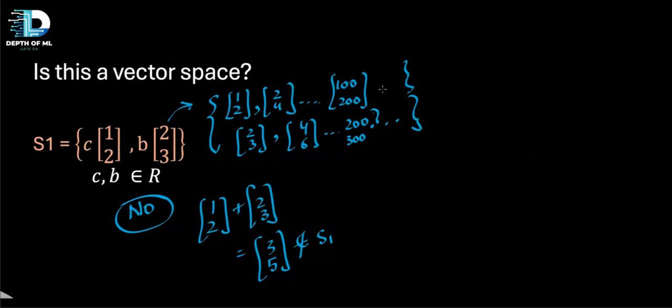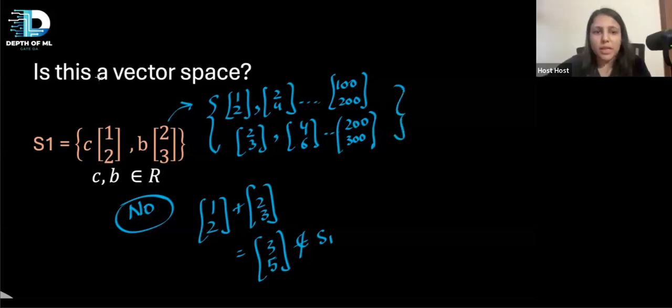Ma'am, can I just interrupt once? Yeah, sure. Actually, Rohan has said that I mistook it as a span of those two vectors. So yes, I am thinking that the span of these two vectors will be a vector space. So was that the only question? No, I'm asking, is this a vector space? I have defined the set. I have defined a set to be the set of these vectors.